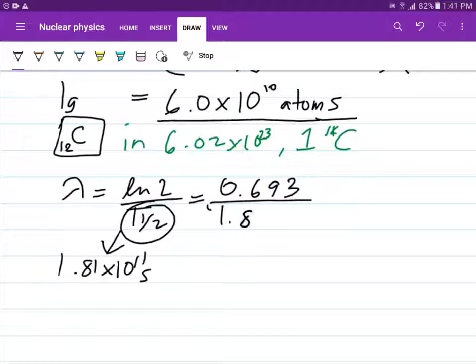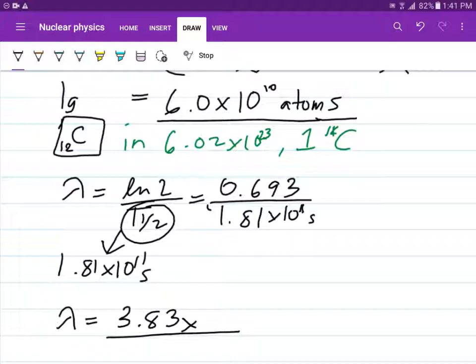So divided by 1.81, the decay constant is 3.83 times 10 to the minus 12 per second.